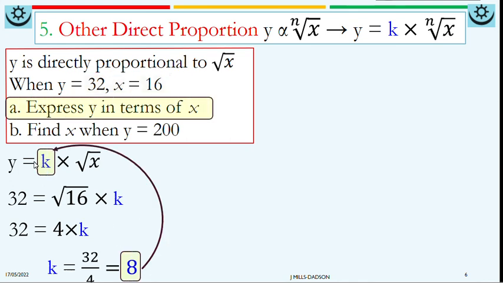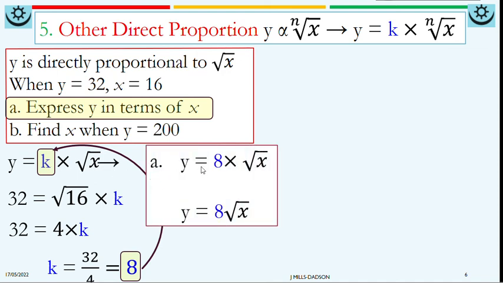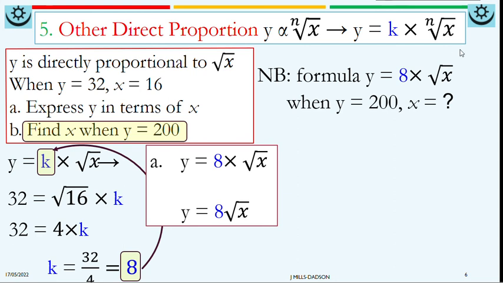So to make the formula explicit, y equals 8 times square root of x, or y equals 8 root x, the same thing. So to find b, what it means is that given this formula that we've just worked out, if y is 200, what is x? Replace y with 200. So it's 200 equals 8 times square root of x.